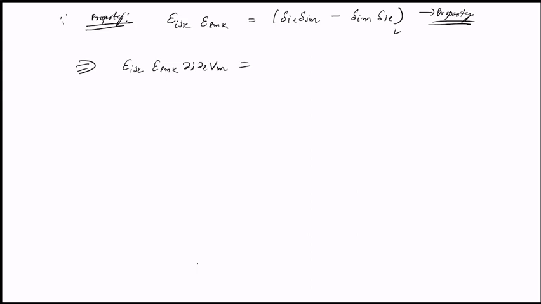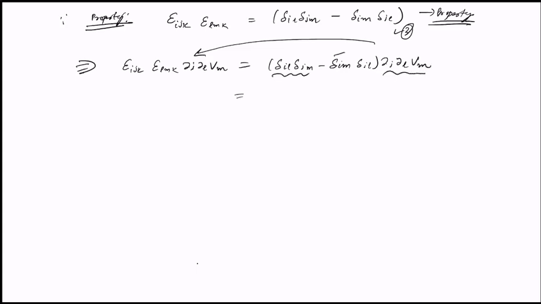Now using this property, you can write this as del il del jm minus del im del jl times del j del l vm. Now you just operate this on this and then this on this.